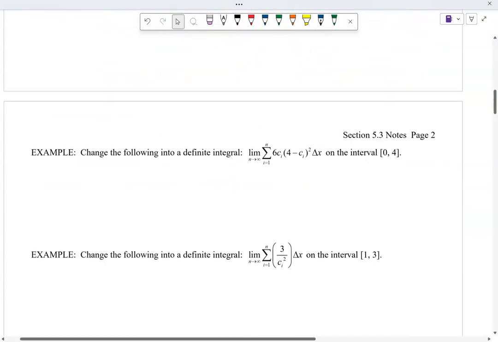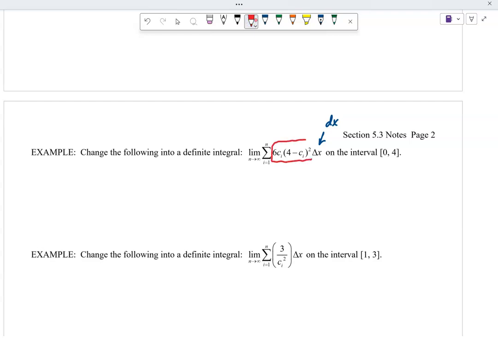Has us change the following definite integral. So notice it gives it to us as a Riemann sum into a definite integral. So this here, the delta x, there's our dx. This here is our formula. That there is our f of x.